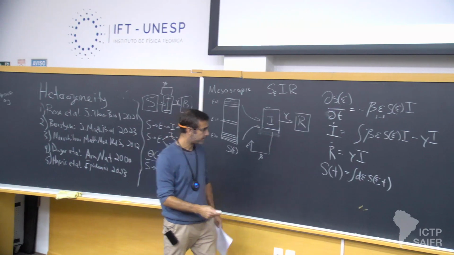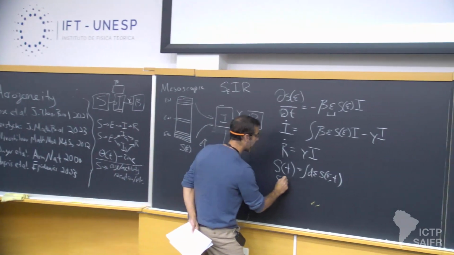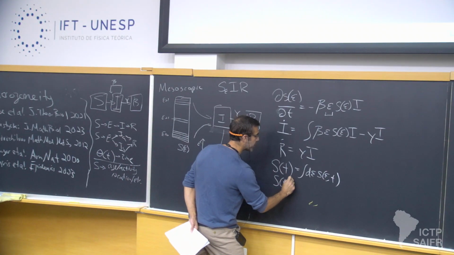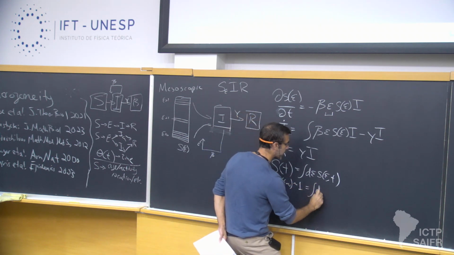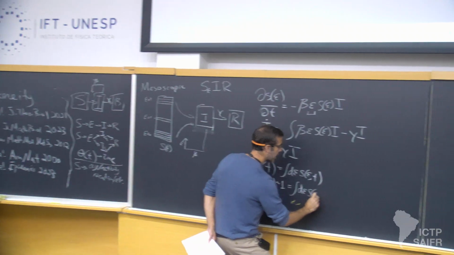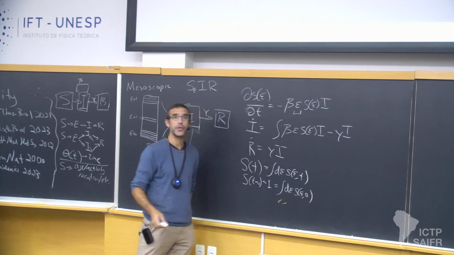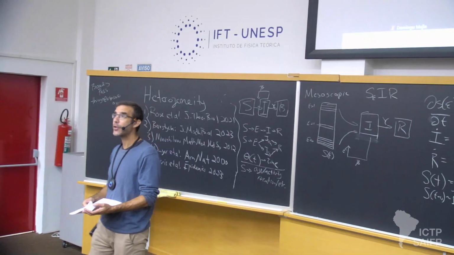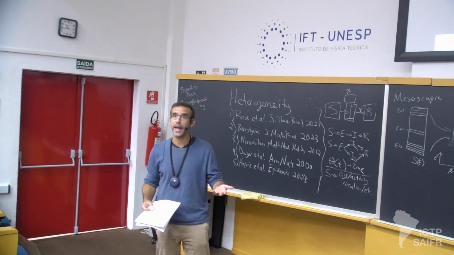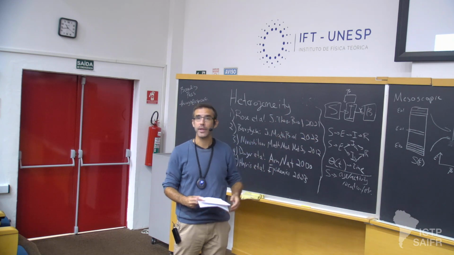And keep in mind that at the beginning, S of t equals 0 is going to basically be 1, and this is the integral d epsilon of S of epsilon comma 0. So we have some initial distribution. Almost everyone is susceptible. And over time, the total number of susceptible individuals can itself change, but so can the distribution in the groups.